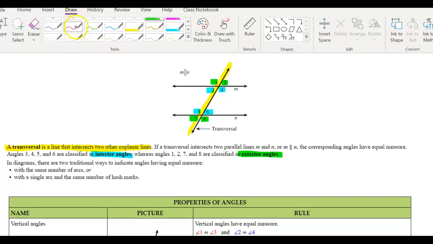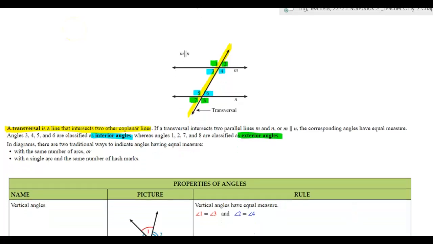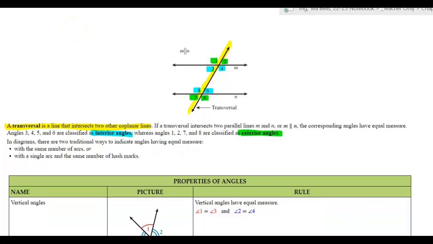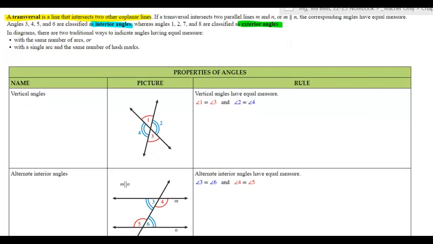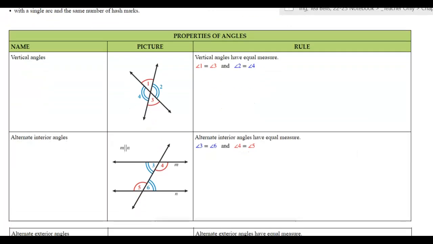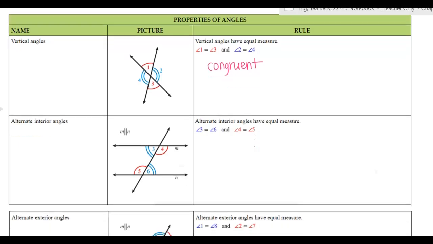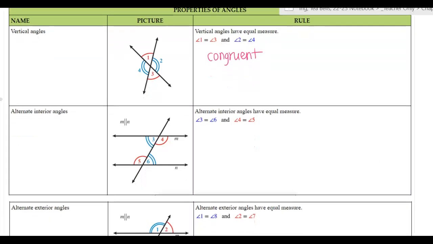And with these angles, we have different relationships. So we talked about our vertical angles, which we know are already congruent to each other. So make a note of that. Verticals are always congruent. We also have angles called alternate interior.